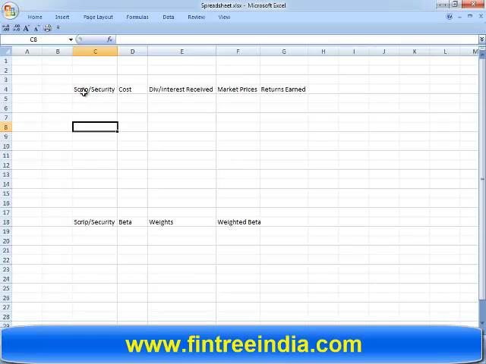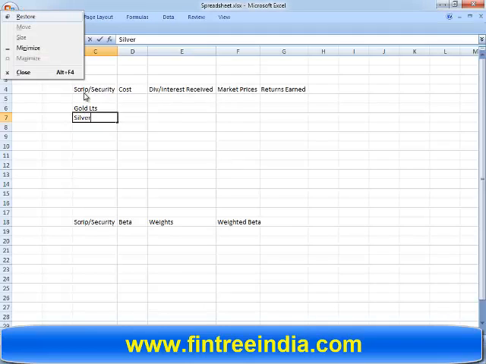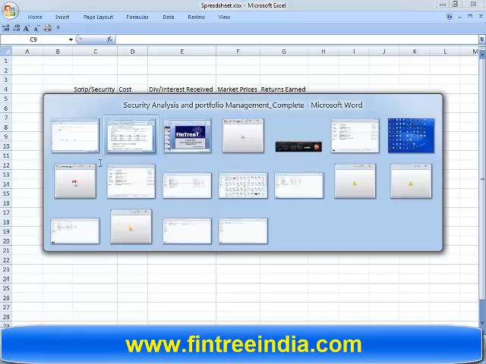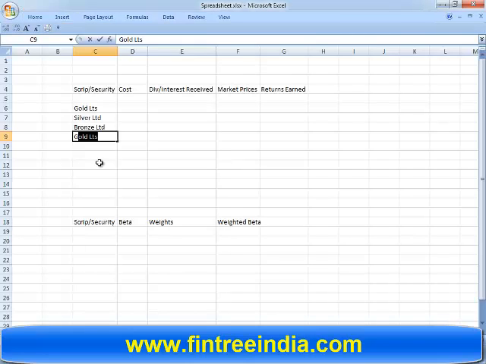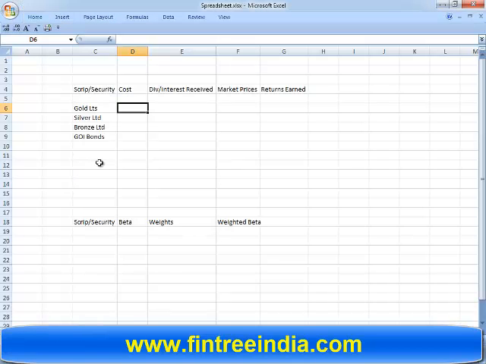Okay, so let's start. First we will calculate for gold limited, silver limited, then bronze limited, and then GOI bonds. 10,000, 15,000, 14,000.